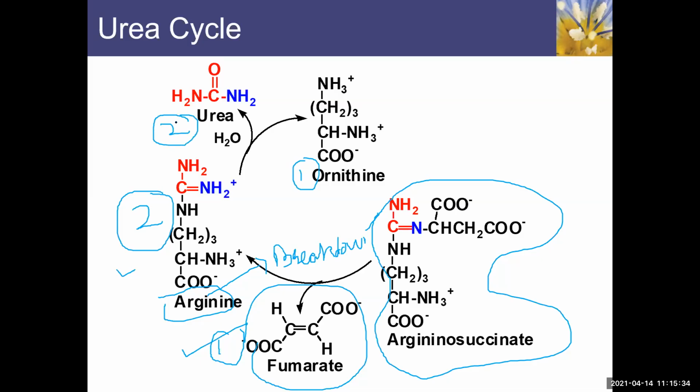We started with a highly toxic ammonium ion. And what do we have at the end? We have a compound that is much less toxic than what we started with. Ammonia is highly toxic for the nervous system, but urea is less toxic than that, right? And once this urea is produced, it will be released into the blood, taken to the kidneys, and excreted through the urine.